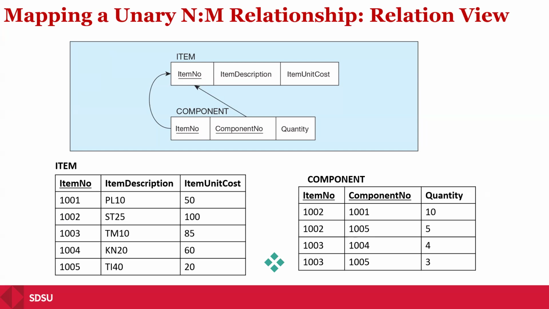So that item was created out of component parts 104 and 105. And 103 needs four 104 components and three 105 components based on the quantity here. A little more complicated, but that's kind of like a bill of materials scenario. You have probably seen that in other classes or in real life.